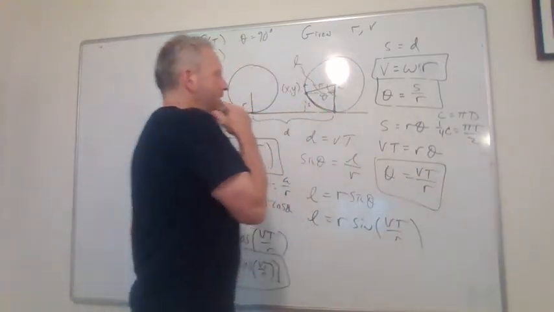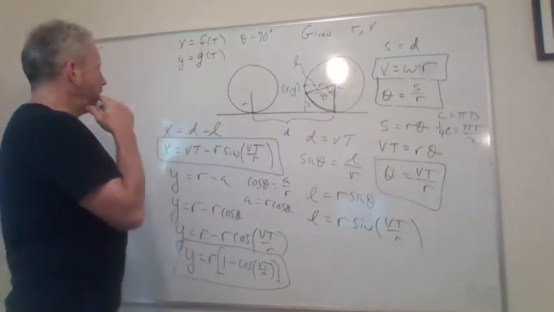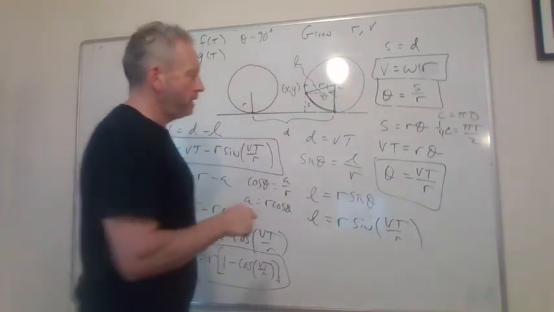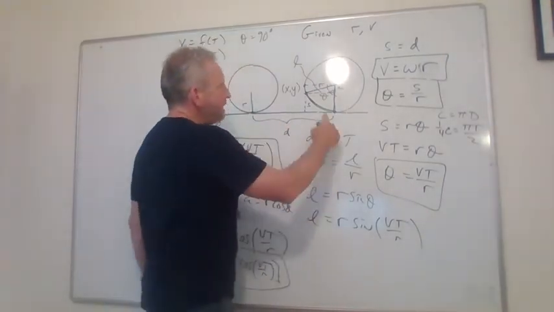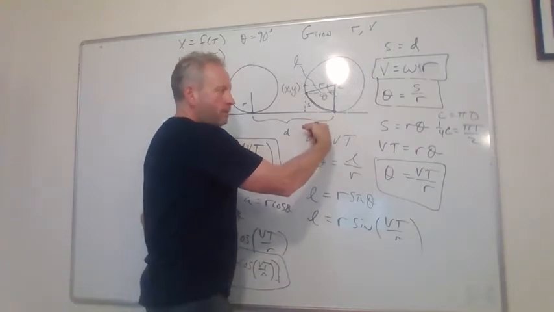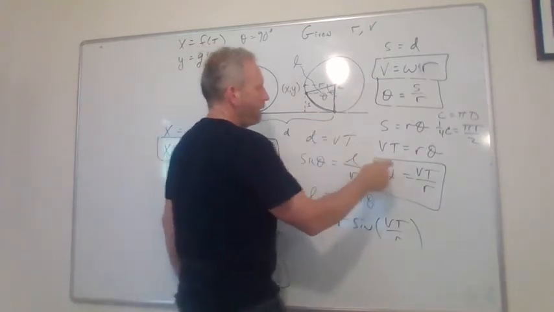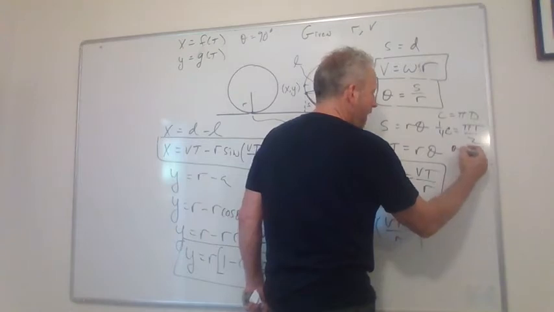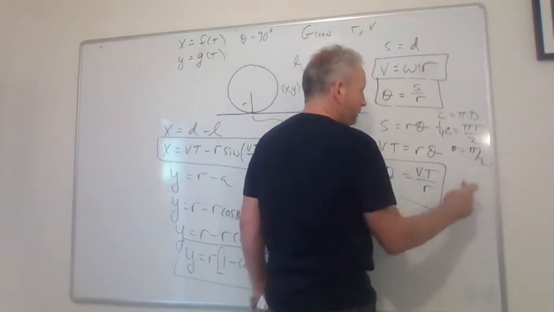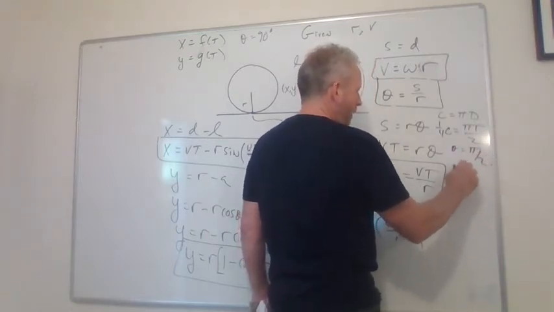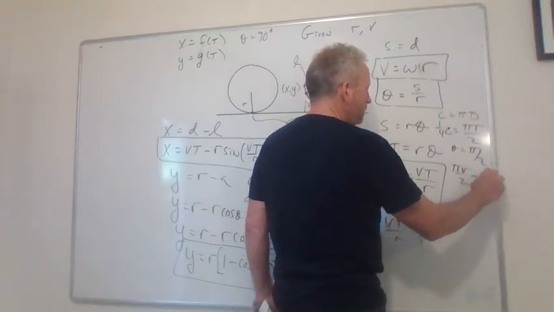I'm trying to figure this out without using the formula. Now, that would be d, but we would be subtracting one radius. So in the case where the angle is pi over 2, we would have pi r over 2 minus 1 radius.